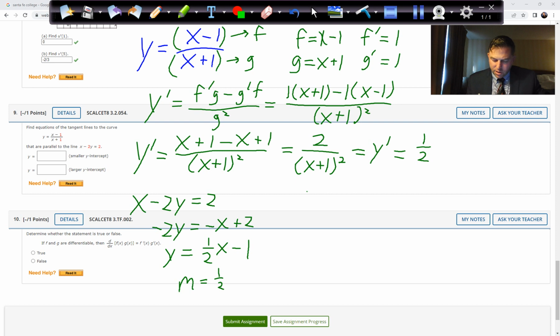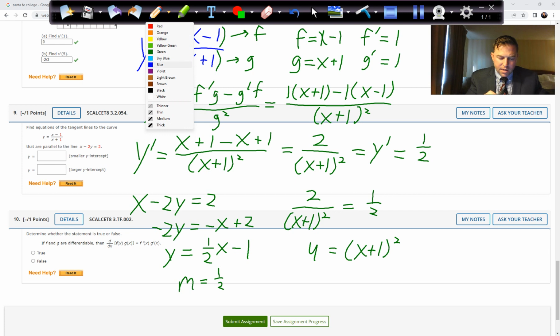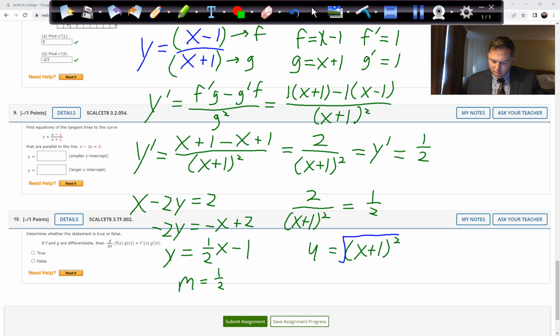Okay, so we're going to just set this equal to 1/2. And so we're going to cross multiply here, and we're going to get 4 equals x plus 1 squared. Then we're going to do a trick from college algebra where, to get rid of this square, I'm going to square root, but I have to add plus or minus when I do it. So we get two equations. One is positive 2 equals x plus 1.